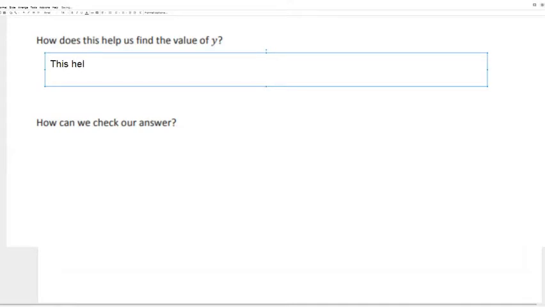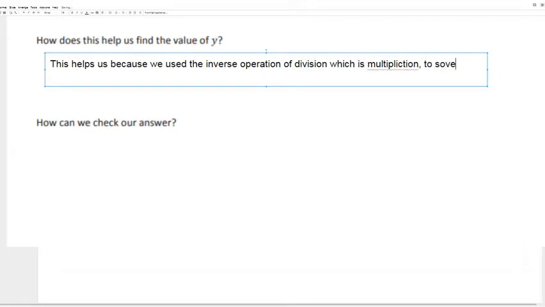This helps us because we used the inverse operation of division, which is multiplication, to solve for the value of y. All right, so of course, using the inverse operation gives us the value.